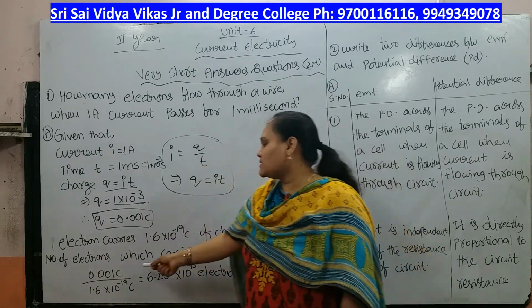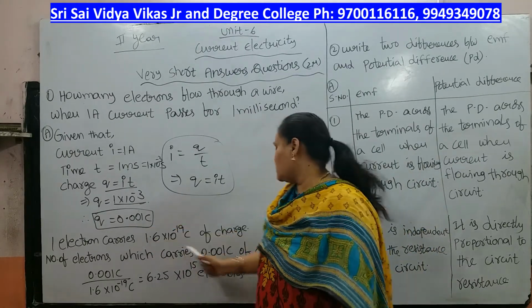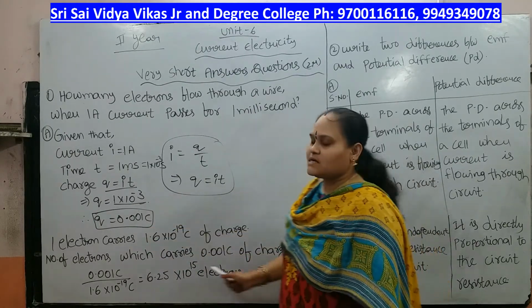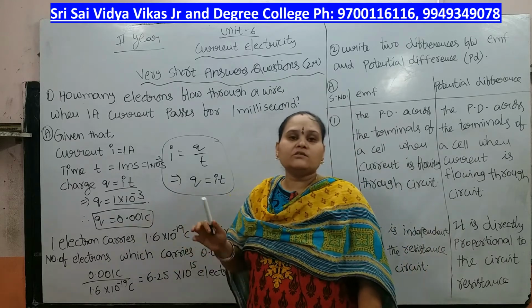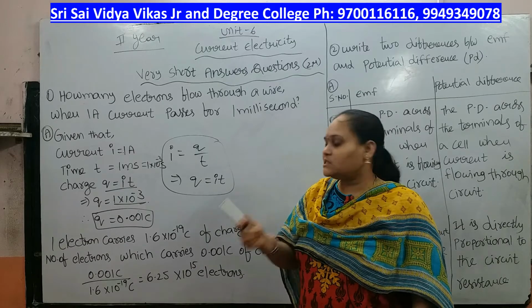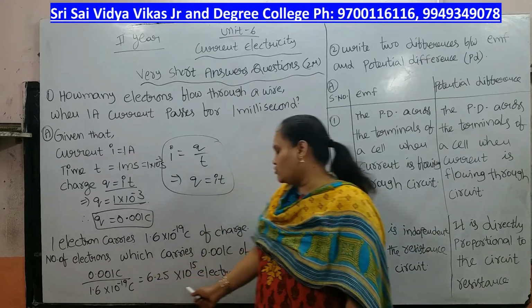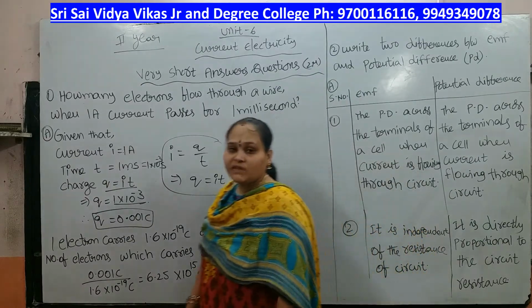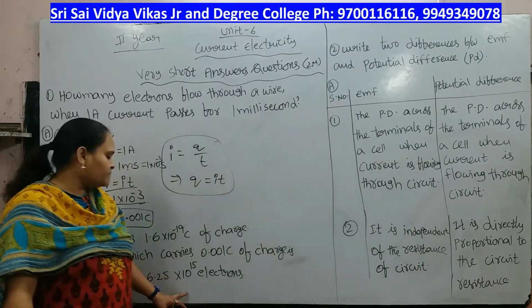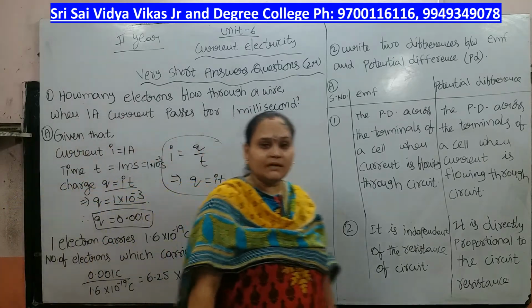The number of electrons is the charge Q, 0.001 coulomb, divided by the charge of the electron, 1.6 into 10 to the power of minus 19 coulomb. Therefore, we will get 6.25 into 10 to the power of 15 electrons for 1 ampere current flow in 1 millisecond.